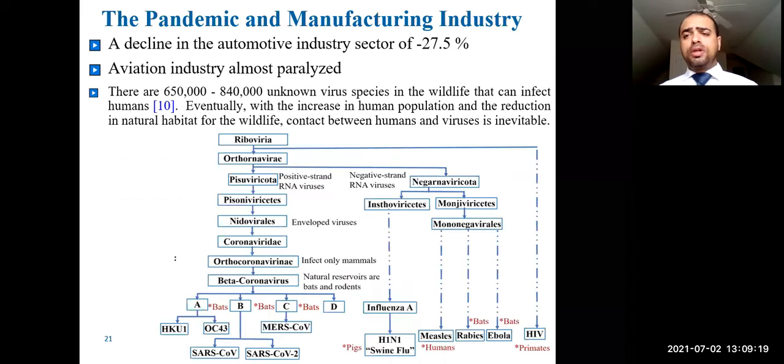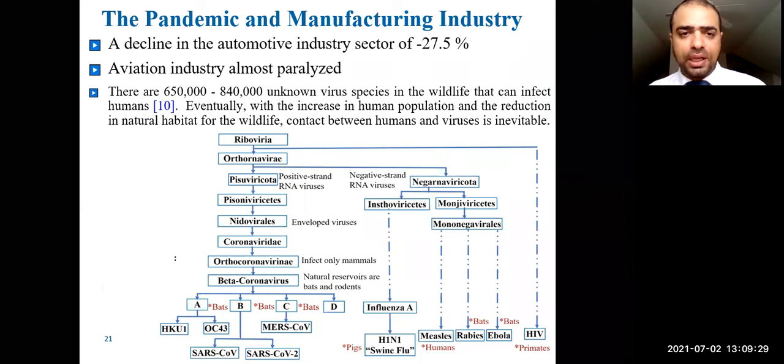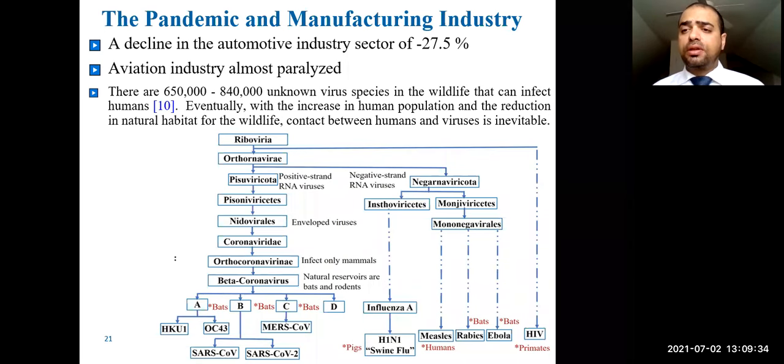Now, when we talk about the manufacturing industry and smart manufacturing, we have to address the elephant in the room, and that's the COVID-19 pandemic. Since the start of the pandemic, especially in the first few months, there was a significant decline in almost every aspect of human life.